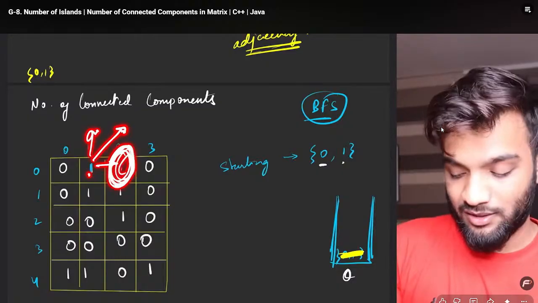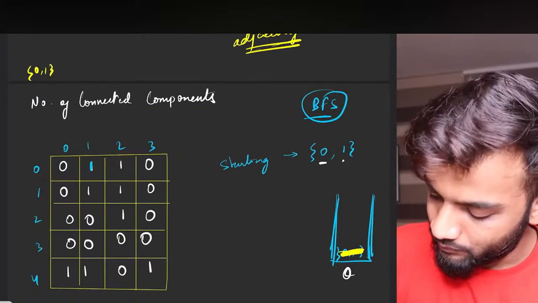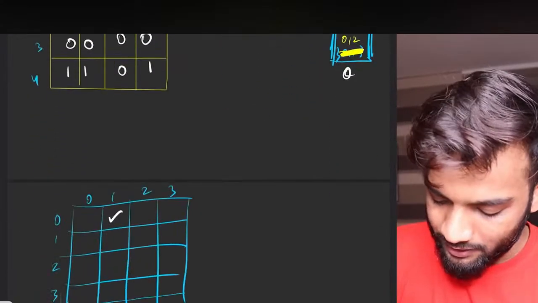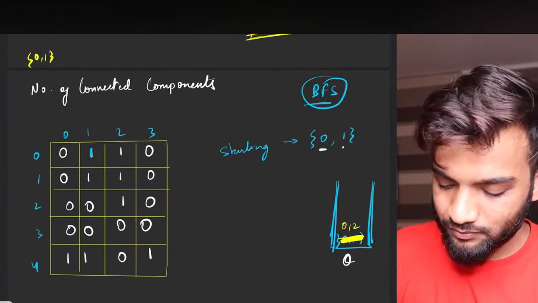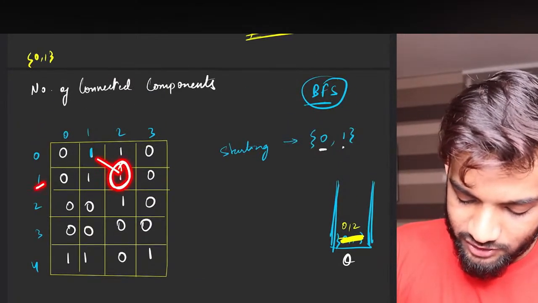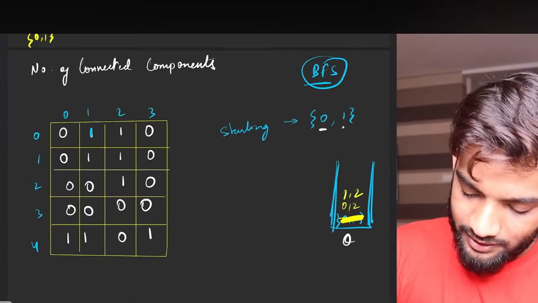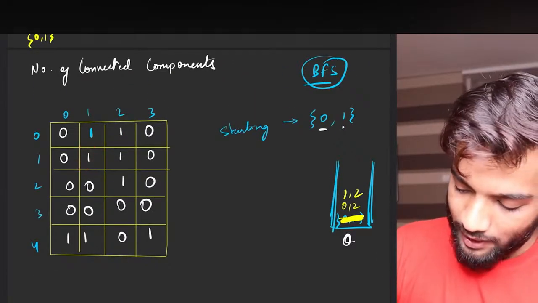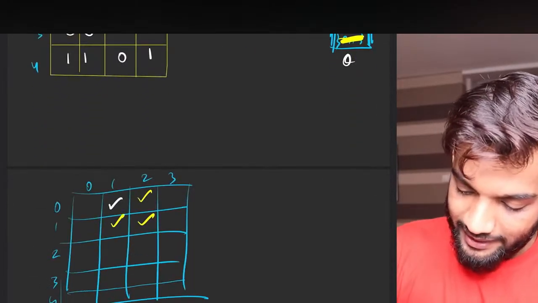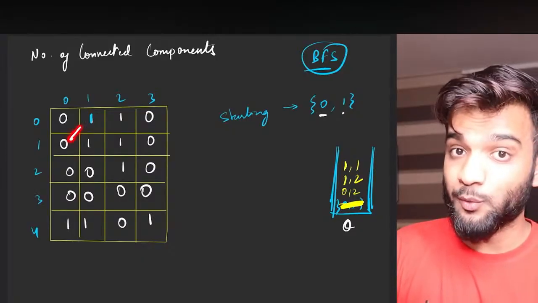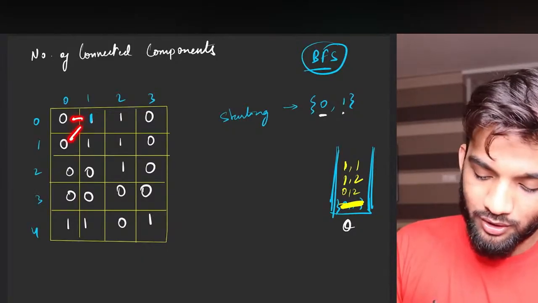Yes, we have someone, and that's on row 0 and column 2. So go and mark it. Perfect. Next, does it have it here? Yes, that's on row 1 and column 2. Mark it. Next, does it have it here? Yes, that's on row 1, column 1. Mark it. Next, does it have it here? No, it's water. Does it have it here? No, it's water. Does it have it here?